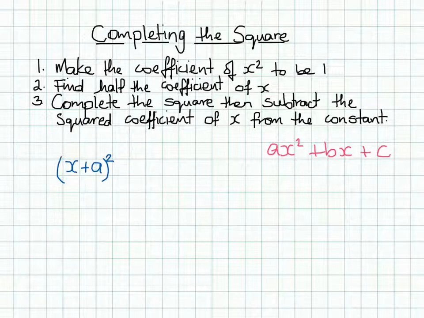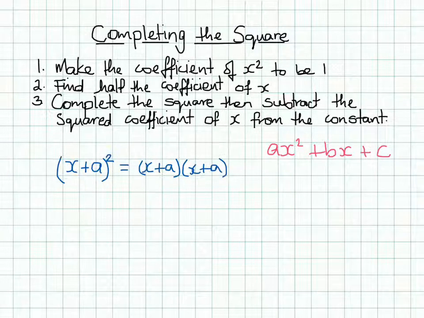Now, I would expect that as you're looking at this, you would recognize that this is the same as x plus a times x plus a, because the power is 2. And then when you expand the bracket, you would generally use first number times first number, then the outer numbers, then the inner numbers, then the last numbers, thereby giving you an answer of x squared plus xa plus another xa plus a squared.